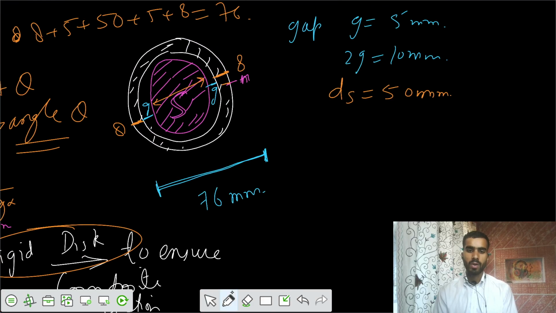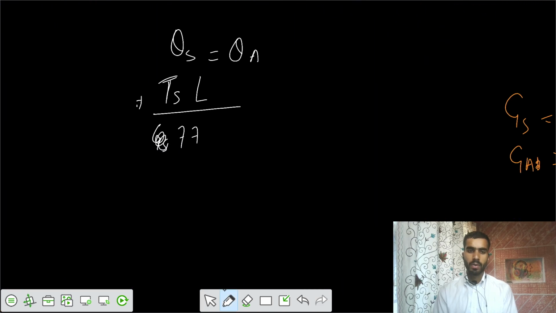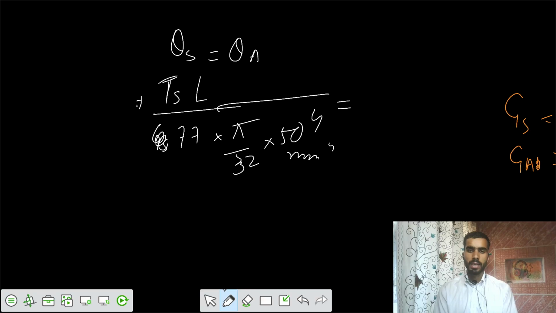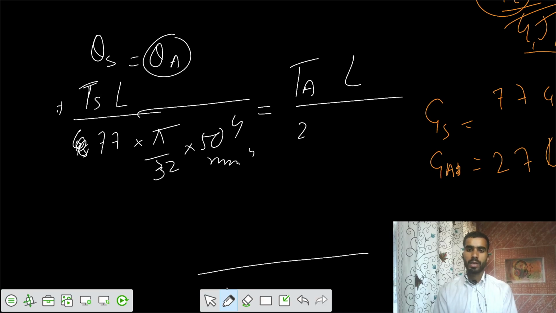For the steel, we have a diameter of 50. So I would write pi by 32, 50 to the power 4 millimeter power 4, and that should be equal to T in the aluminum, TA, and L is the same, and you have 27 gigapascal.